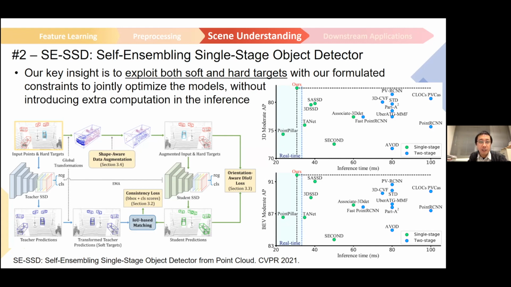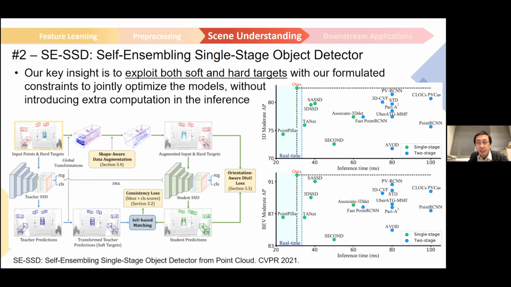Here you can see we have two networks. One is the teacher SSD, the teacher single-stage detector, and the other is the student single-stage detector. For the teacher detector, we use the easier soft targets, and for the student SSD, we use the more challenging hard targets.